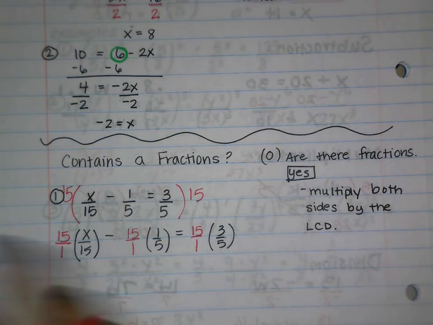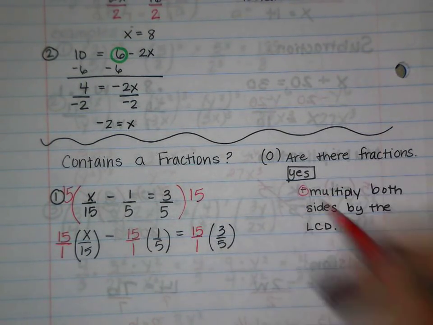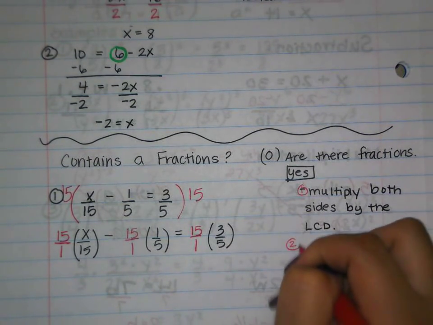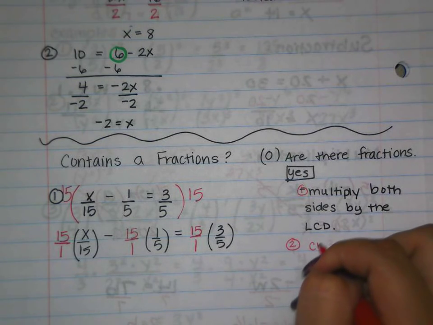Okay, so our first step here was to multiply both sides by the least common denominator. Our second one is going to be to cross cancel.